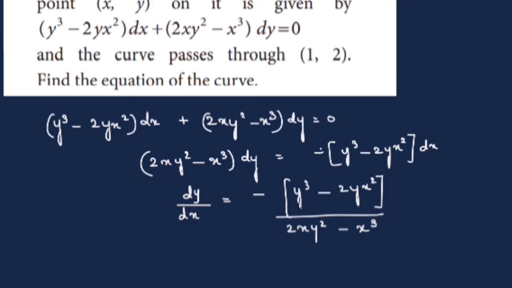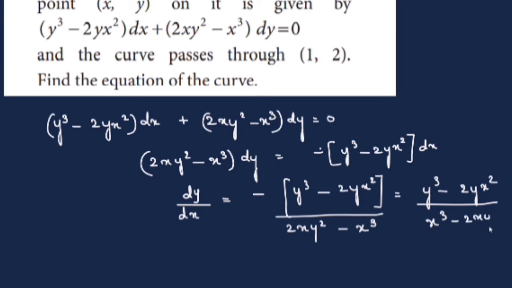Here you have y cube minus 2y x square. If I bring the minus down, you will get x cube minus 2xy square. So that is your dy by dx.